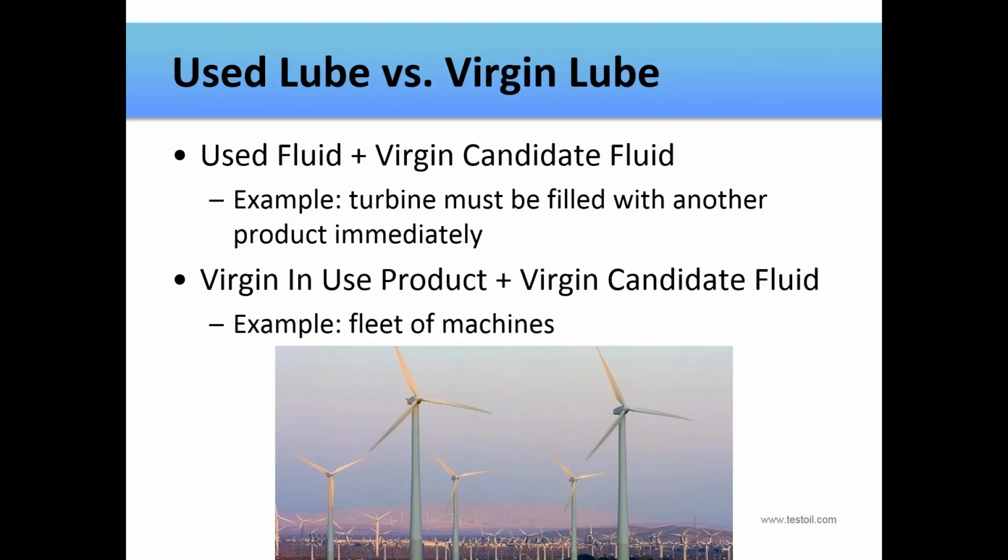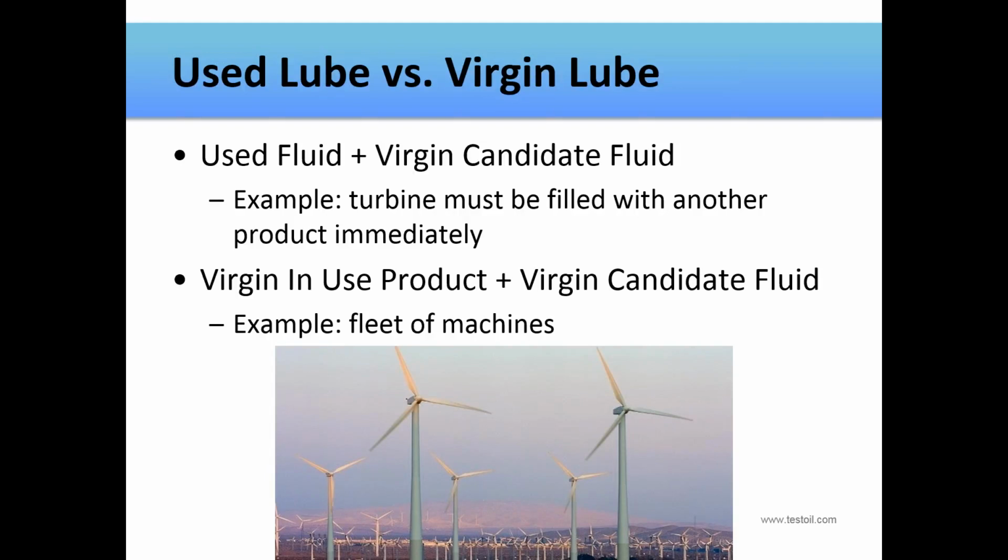For example, if we have a turbine that we absolutely have to begin using another product with because, say, we're in an outage, this is the only time we can get to it for whatever reason, it might be beneficial to test the actual fluid that's currently in the system with the candidate new oil. Using a mixture like this will take into account any contaminants that are already present in the fluid, and that can actually cause an effect on the compatibility of the fluids.